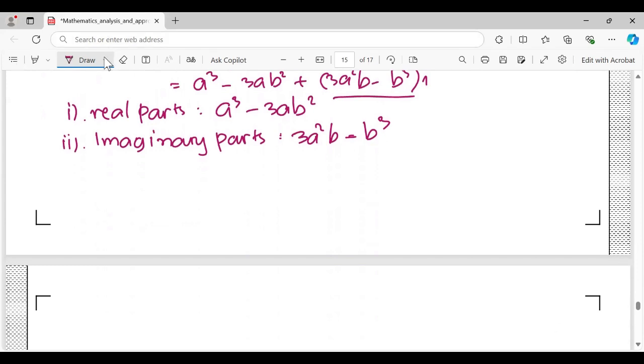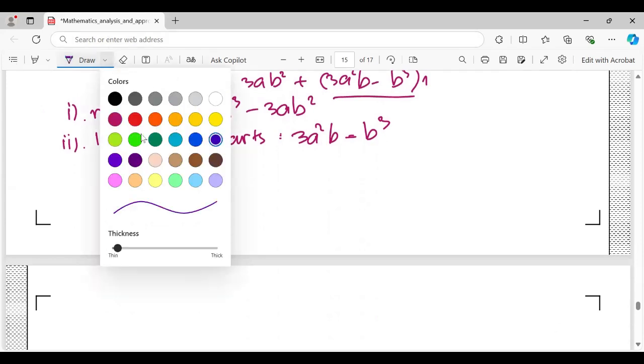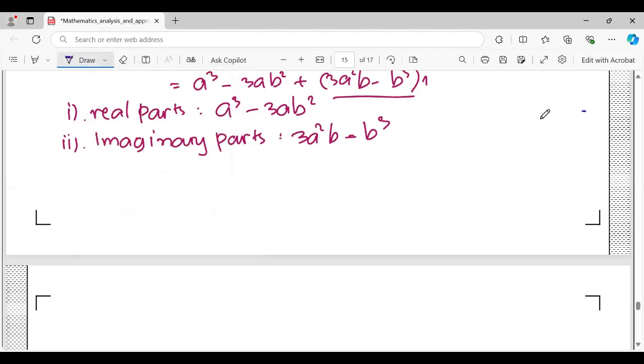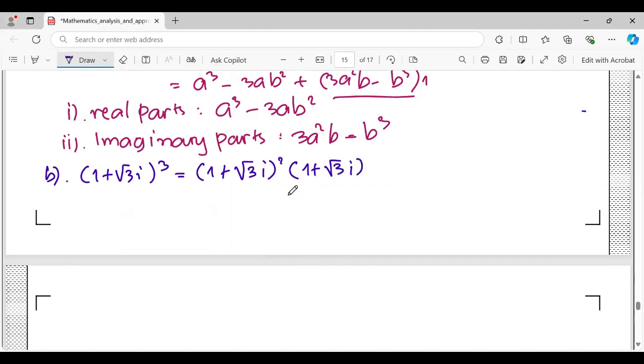Okay, I'm going to use a different color. Part b: (1 plus square root 3 i) cubed. We have to expand this. It becomes (1 plus square root 3 i) squared times (1 plus square root 3 i).